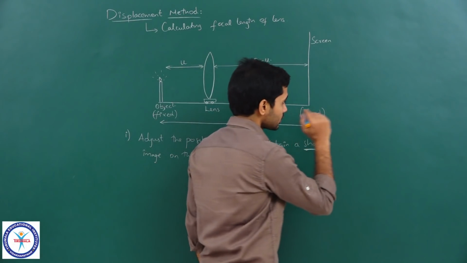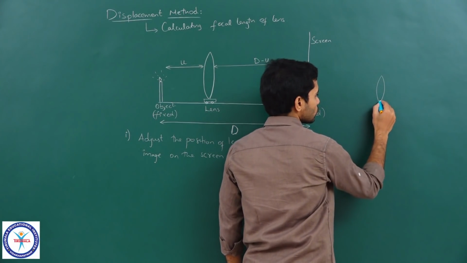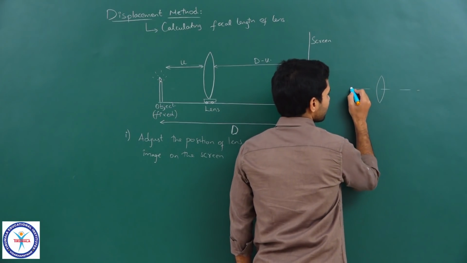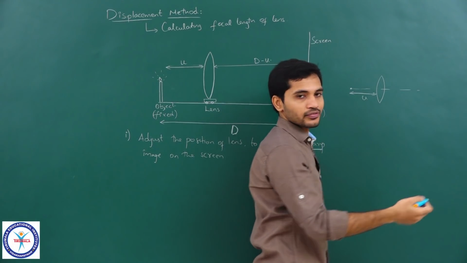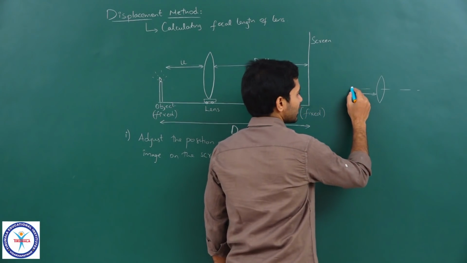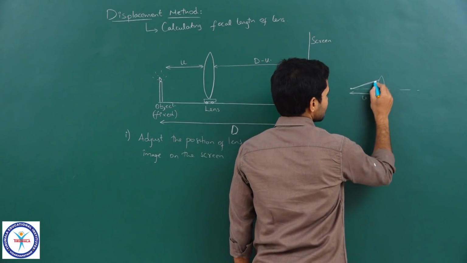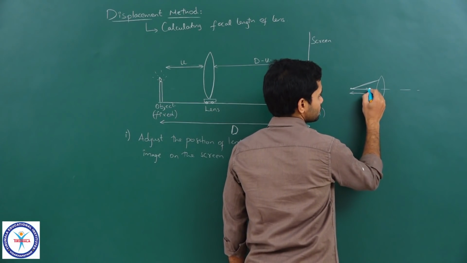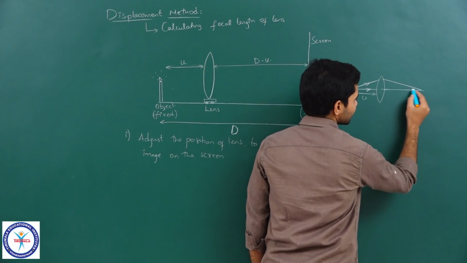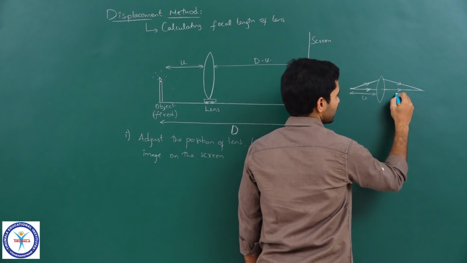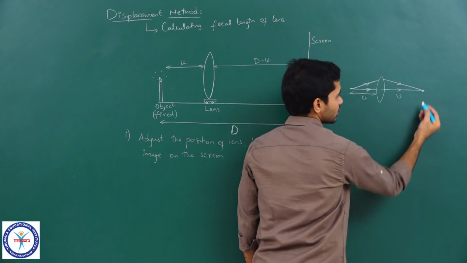What I am trying to say is, for a particular lens every u value has a value of v for which image is formed, which means if I take a light ray which is incident in this manner and in this manner, these light rays will exactly converge at a distance of v. So, let us say this is where the image is formed.